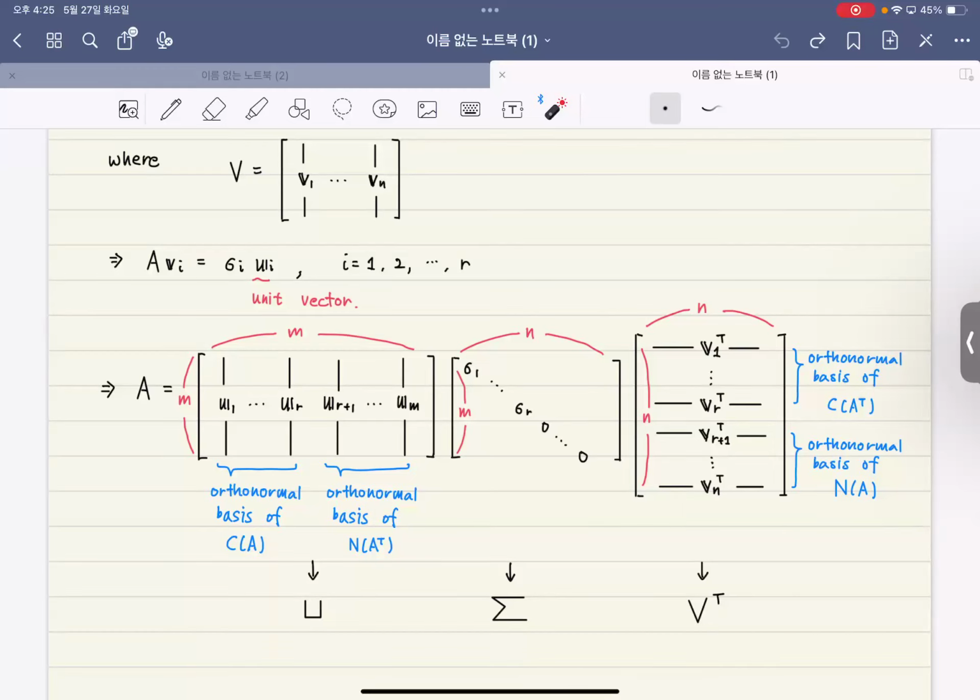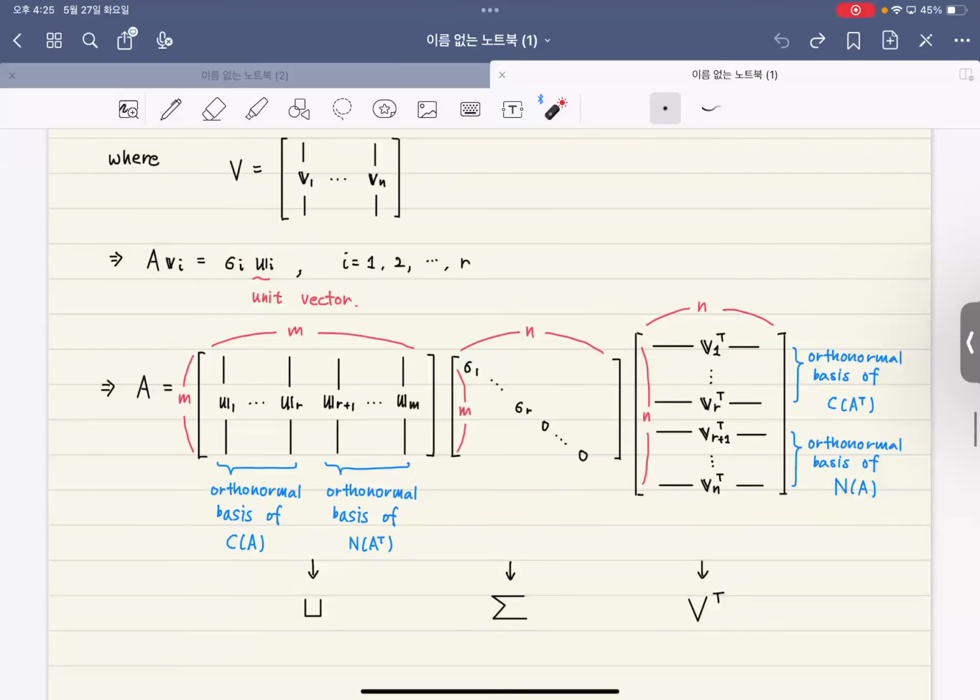Okay. And if you multiply this 1, 0, 0, 0 to the right of this matrix, you get an n by 1 matrix, which is sigma 1 and 0, 0, 0, 0. Right? And finally, if you multiply sigma 1, 0, 0, 0 by U, you will have sigma 1 times U1. That's it. Because of this, this decomposition precisely tells us how these eigenvectors are related to each other. Okay. So this is the singular value decomposition.